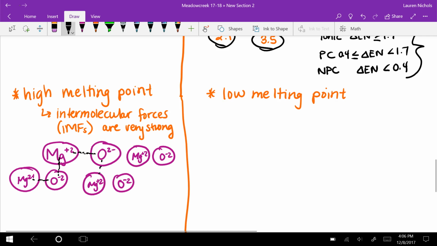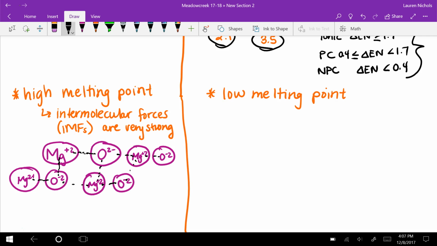And then you start to realize, oh man, there is a repeating unit here, and those attractions are so strong that the energy required to break those forces and separate them apart to melt them also has to be extremely high. Okay, our temperature measures the amount of energy.